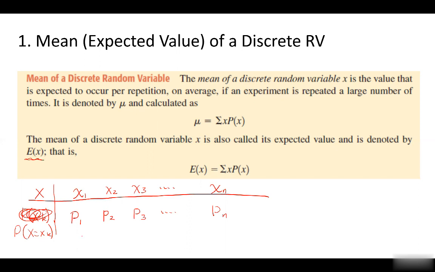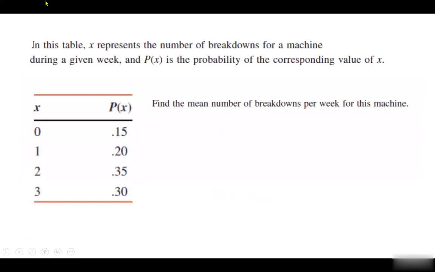And then the expected value E(X), sometimes also denoted mu, is given by a sum of x and corresponding probabilities: x1 times p1, plus x2 times p2, etc. plus xn times pn, which can be denoted as sigma of x times p(x). Understand? This is the definition of mean or expected value.